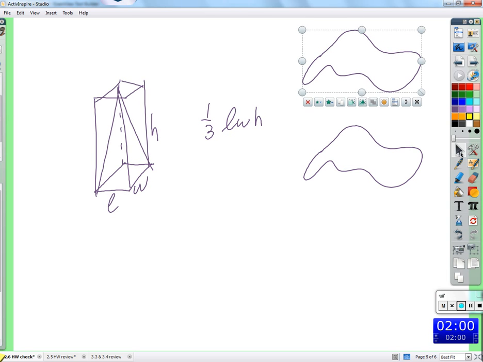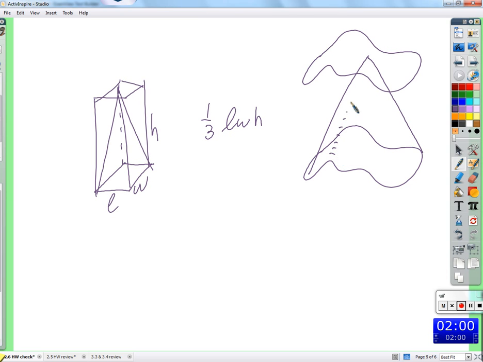Anything that comes to a point, say right there, and this kind of wavy, makes this pyramid. Well, we just looked at the prism, right?